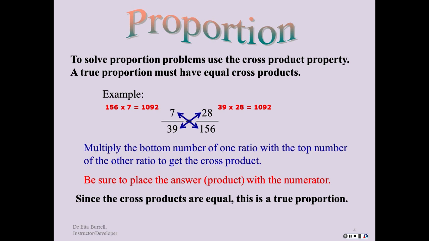You're going to do the cross products, and if they are exactly the same product, you're going to say, yes, this is a true proportion. If the cross products are different, you're going to say no, it is not a true proportion. So yes if it's true, no if it is not true. Okay?